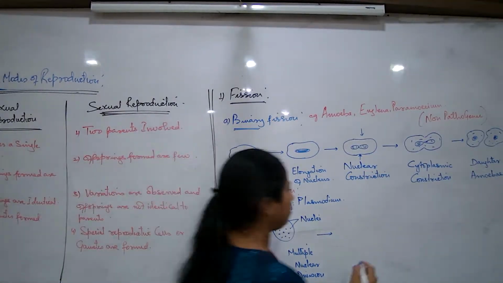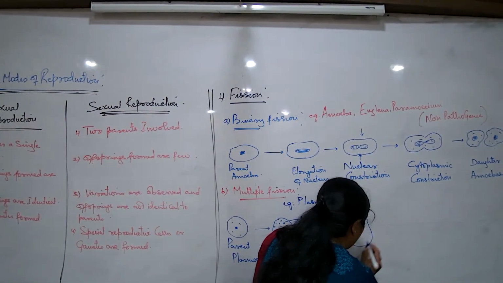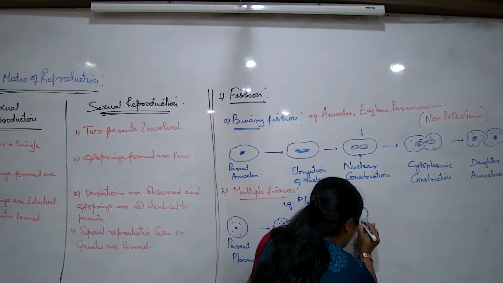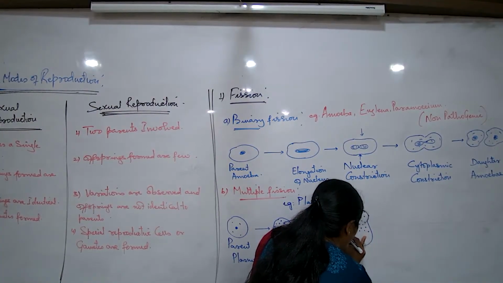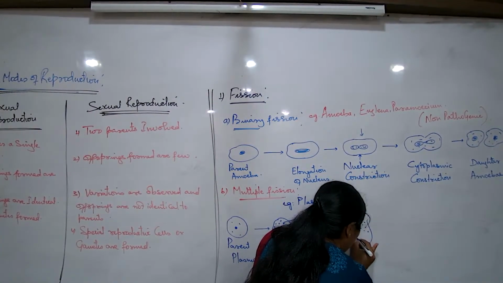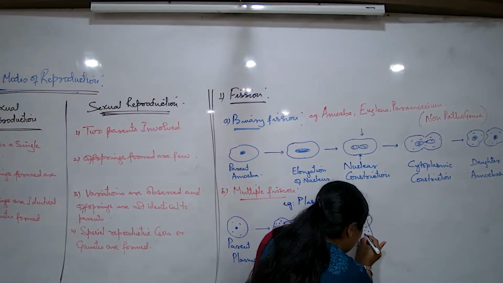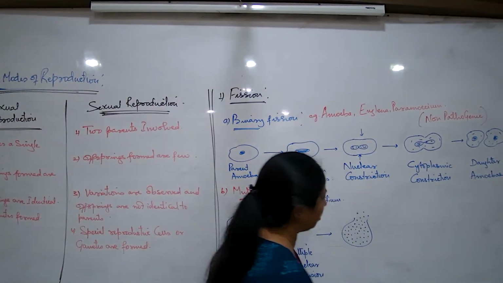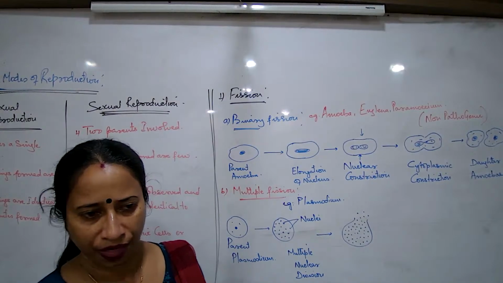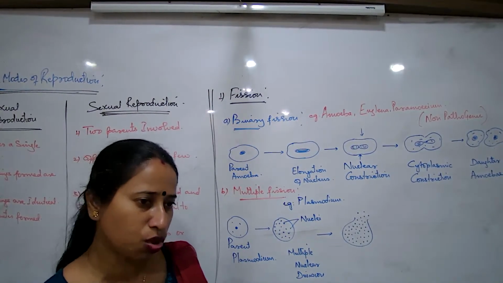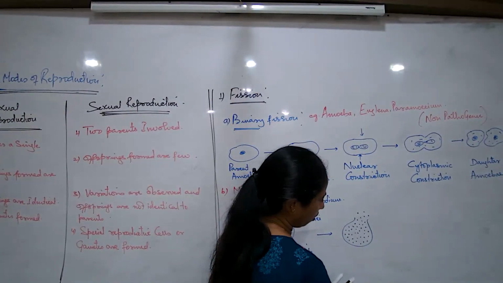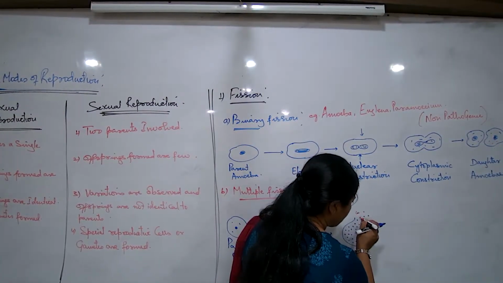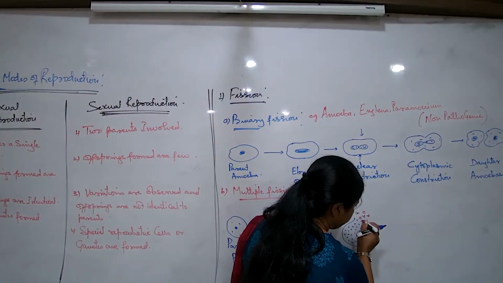And then this will be followed by a much bigger stage, where a large number of these nuclei will start wrapping a small amount of cytoplasm around them, and these are known as the new Plasmodium nuclei, which are getting converted into new young cells of Plasmodium. Each of these nuclei will be wrapped up by a small amount of cytoplasm like this.